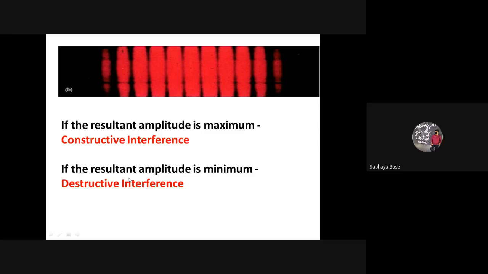Yes, this is the result, the final amplitude or final result that we are looking at. It is due to the contribution of the two or more waves that are superposing, or we can say interfering. And in these regions, we say the waves have interfered destructively, or it is called destructive interference. Very easy to remember: when there is destructive interference, there is darkness or minimum intensity; with constructive, there is maximum intensity.